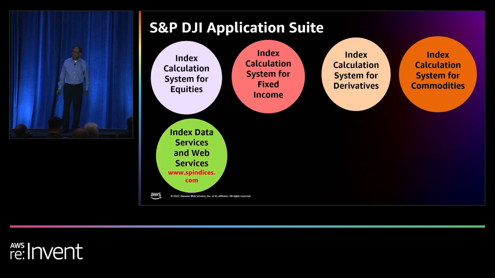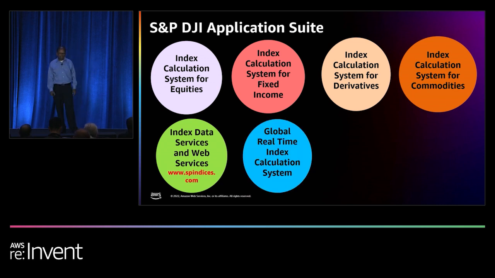Our index data services and web services platform basically provides index data for research, index comparisons against active benchmarks, and also our web services provides capabilities where you can look back on some of the historical data. The real-time index platform is the one that's feeding the S&P 500, Dow Jones Industrial Average, and many other real-time indices, 400, 600, many others.